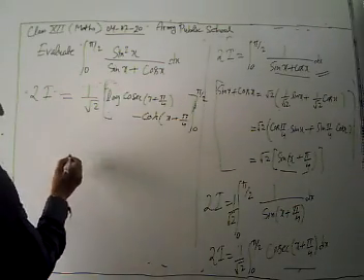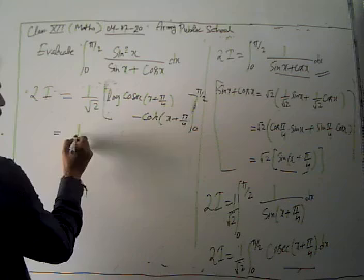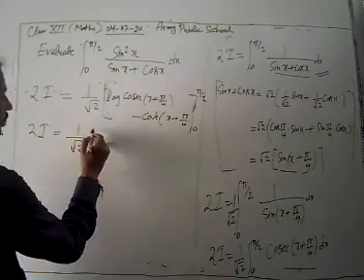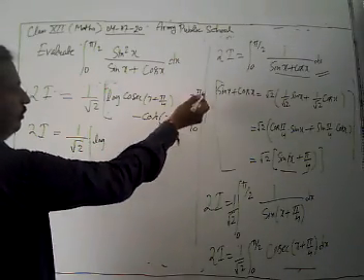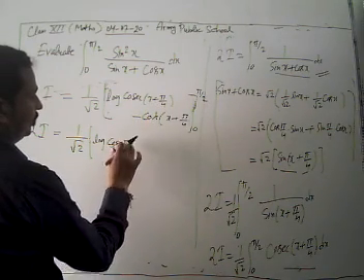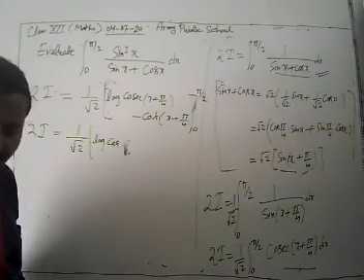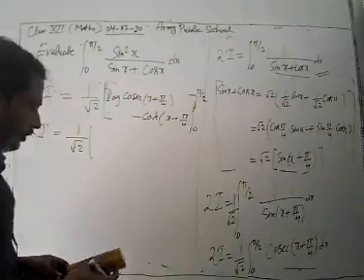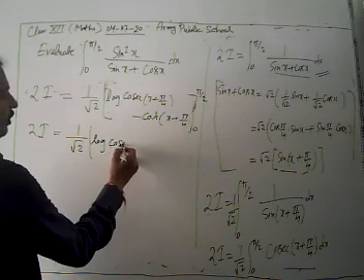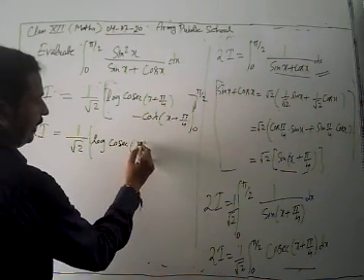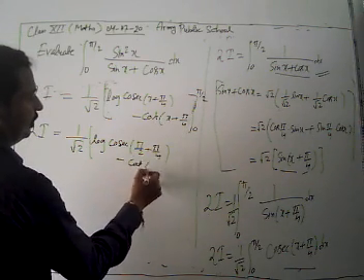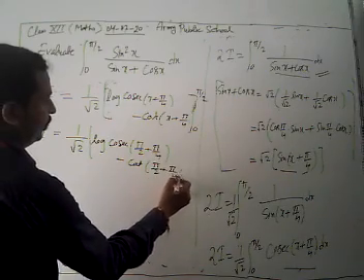So 2I is equal to 1 upon root 2 log, and we put our limits here: log cosec of (pi by 2 plus pi by 4), this is our upper limit, minus cot of (pi by 2 plus pi by 4).